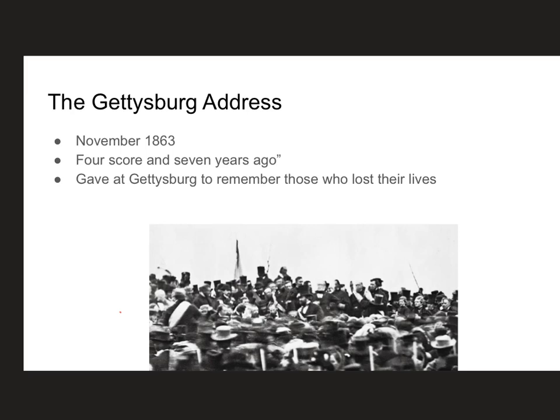The Gettysburg Address was the second major document by Abraham Lincoln. In November of 1863, it's famous because it starts off with 'Four score and seven years ago.' Many of you guys have maybe heard that before. And he gave it at Gettysburg as a remembrance to those who lost their lives. Why is this important?